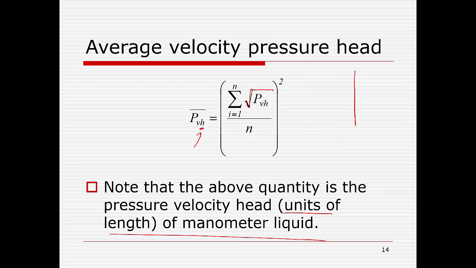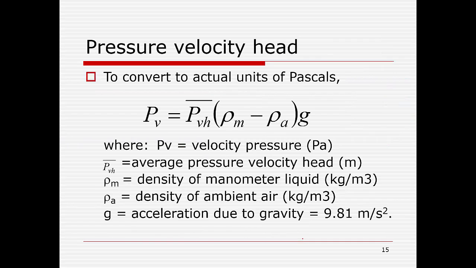So when I have those 4 points, the cross, triangle, plus, and the tech, initially you take a square root of each velocity, then you average them, then you square them. That gives you the average velocity head, and you multiply by rho m minus rho a into g.